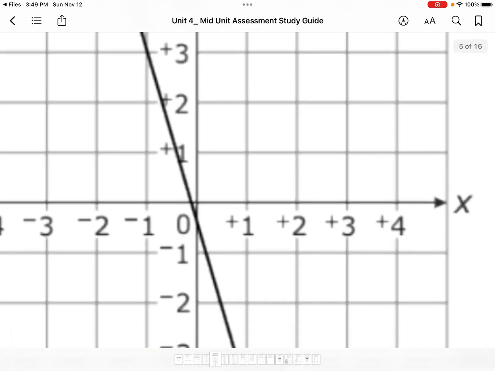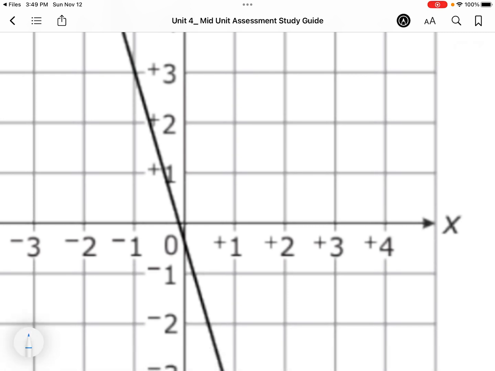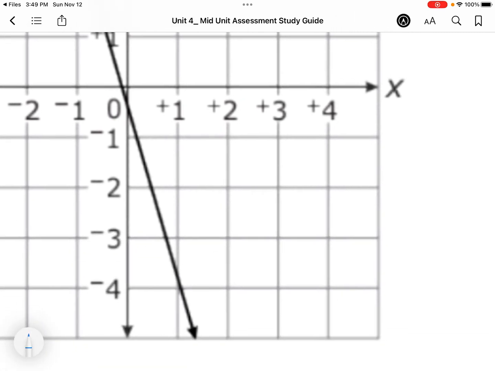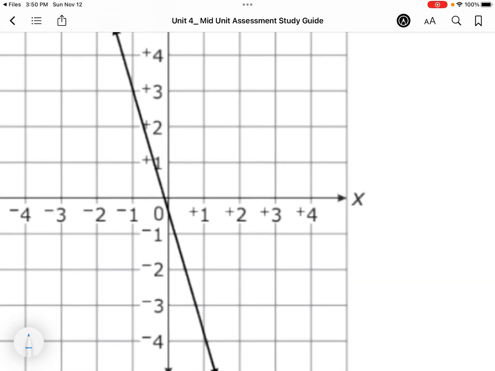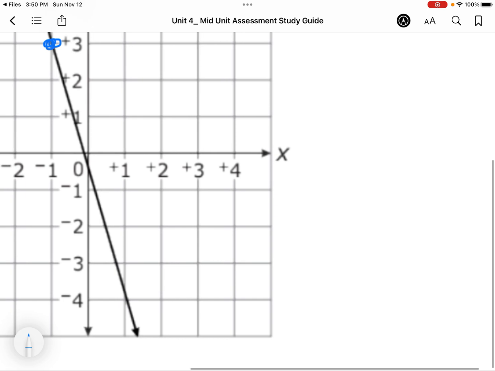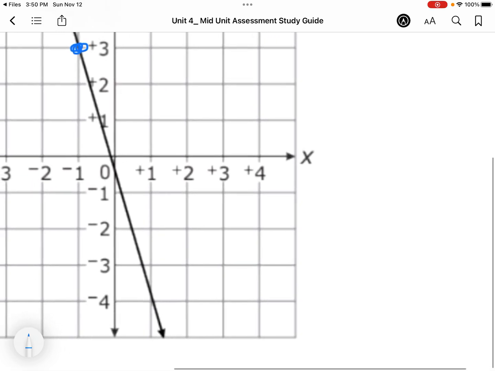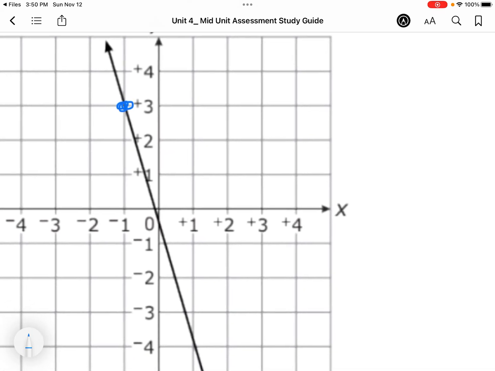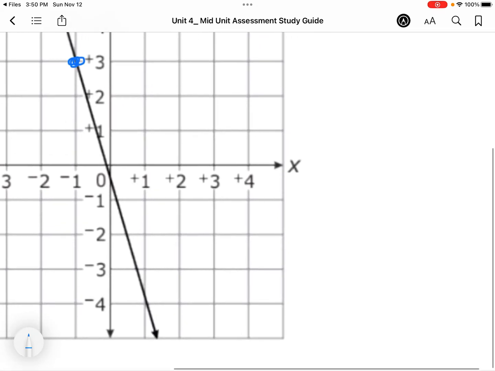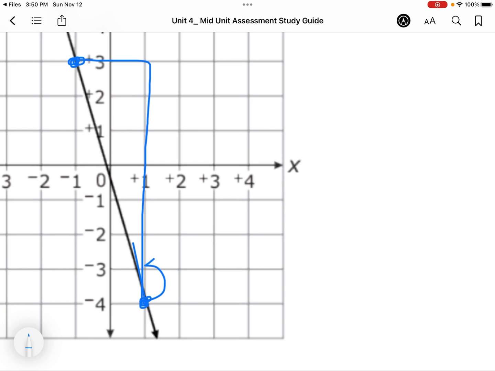What is the slope of the line? So again, I'm going to do my rise over run. So I'm looking for that point. 1, 2, 3, 4, 5, 6, 7, 1, 2.